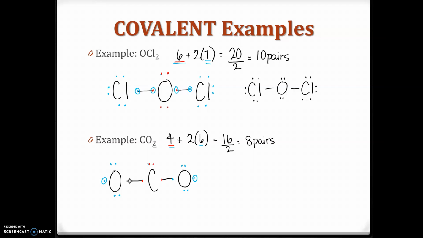So I know doubly at this point that it's not right. So what we're going to do is pull this electron from this side, and then this electron from up here, and we're going to make a second bond. And we're going to pull this electron from this side and this electron from up here and make a second bond.